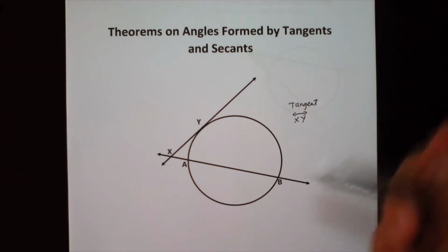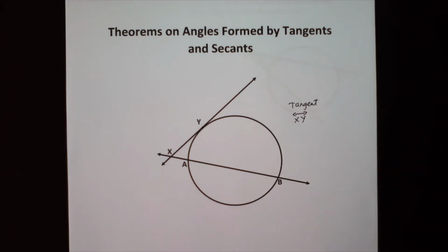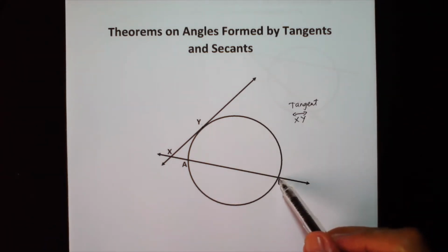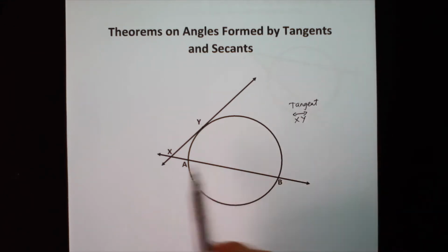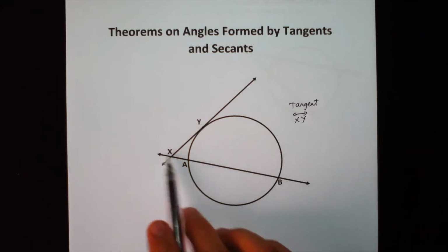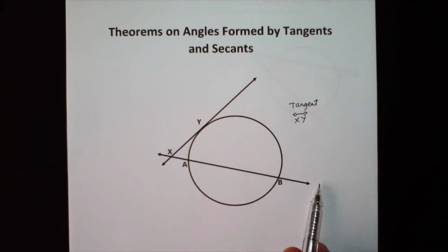Next, we have the secant. When you're talking about a secant, it is a line that intersects one point of the circle and also intersects another point on the circle, and it will be extended outside of the circle. As you can see, line AB is an example of a secant.